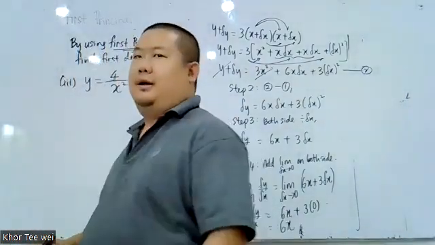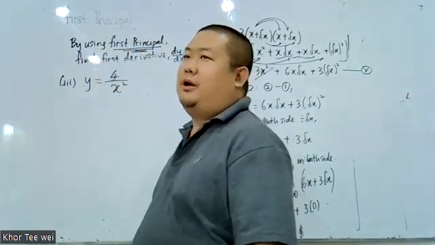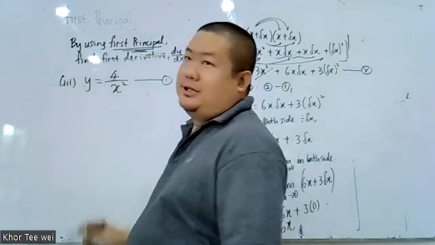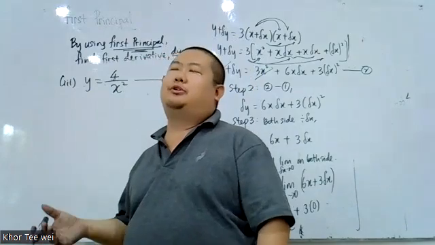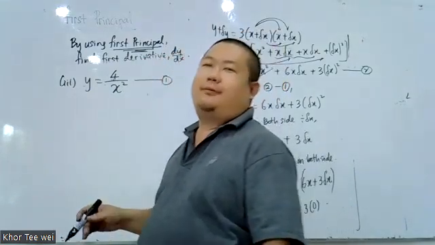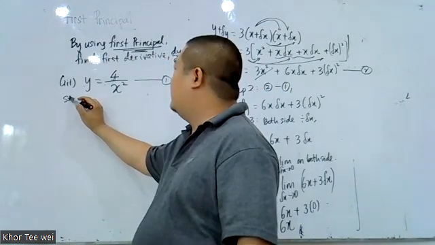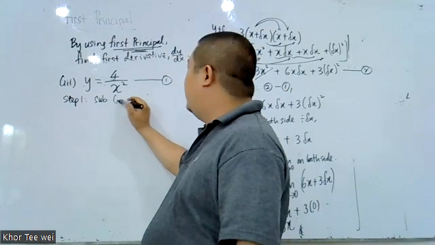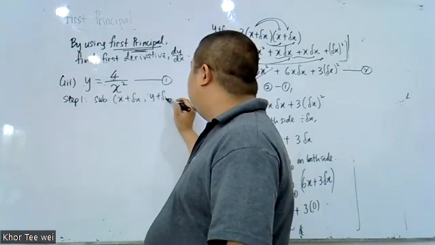Okay, you see, when I give you y equal to 4 over x squared, how do you do the first principle? I know that this one is equation 1. Just like I already mentioned before, when you want to do the first principle, you have to substitute x plus delta x, y plus delta y.